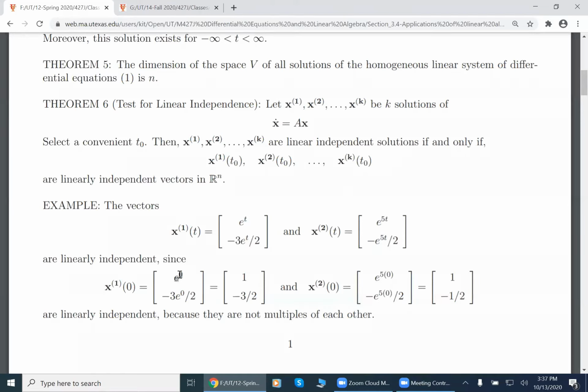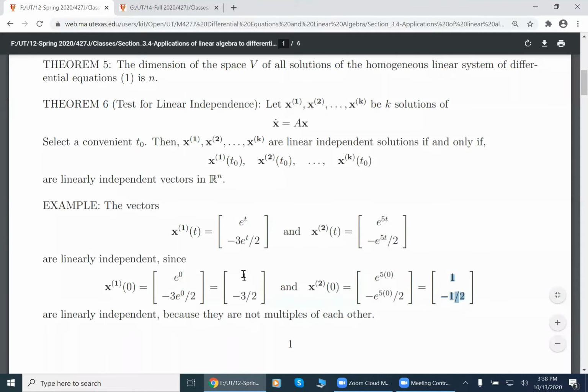For example, by 0. If we replace t by 0 here, here, here, and here, this becomes this, and then this matrix column becomes this matrix column. Note that these two matrix columns are linearly independent because they are not constant multiples of each other. Here's why. If, for example, this is a constant multiple of this, then 1 is equal to lambda times 1.